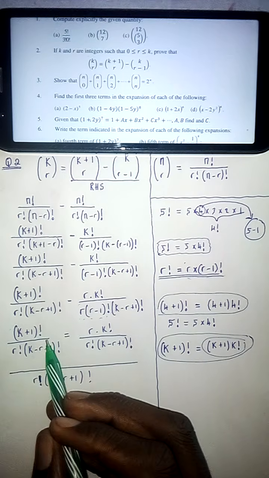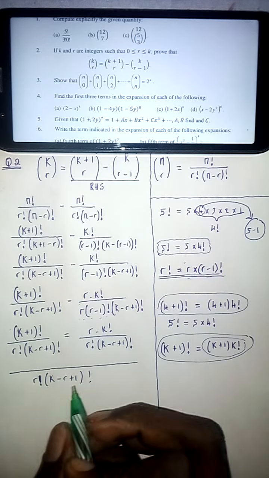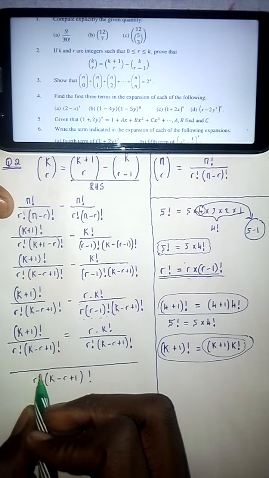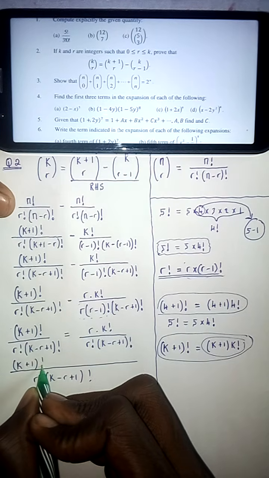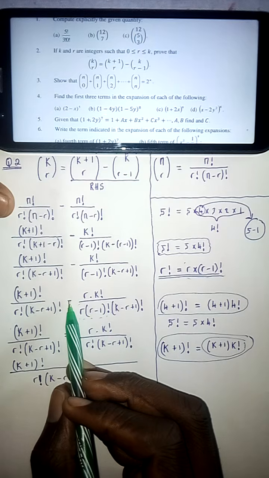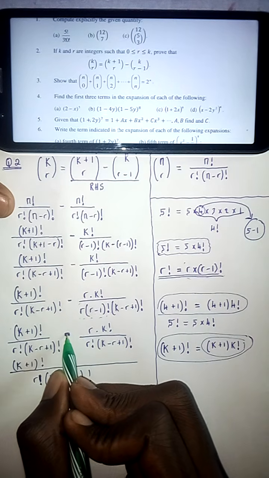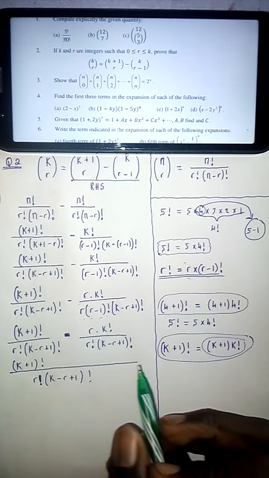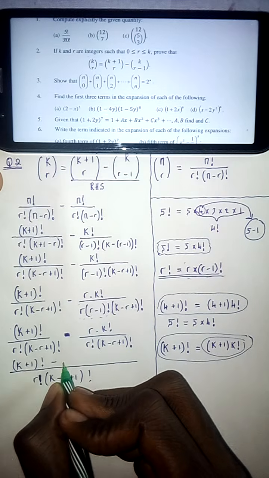If you want, we can substitute from here, so we're going to have k plus 1 factorial. As you can see, this is subtraction, right? I don't know why I put an equal sign. Minus this into this one, then r.